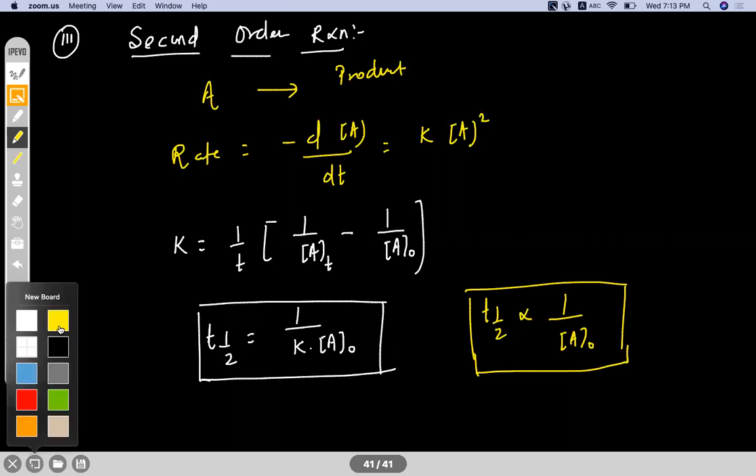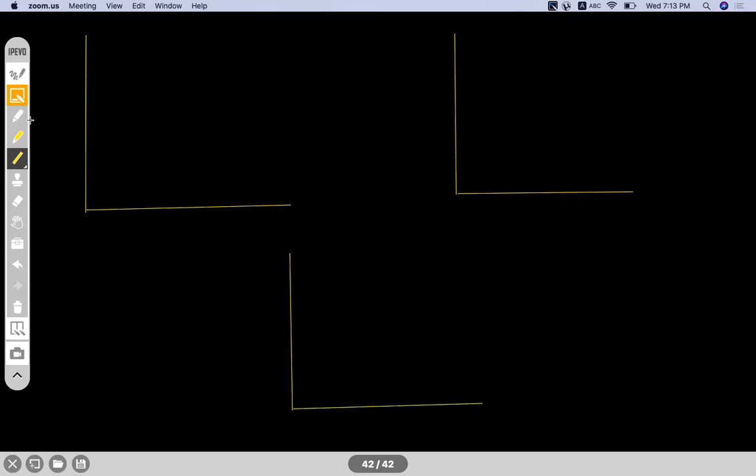Graph we'll see quickly here. Rate and concentration graph we have. So this graph is the rate and concentration. This graph is for rate and concentration square.